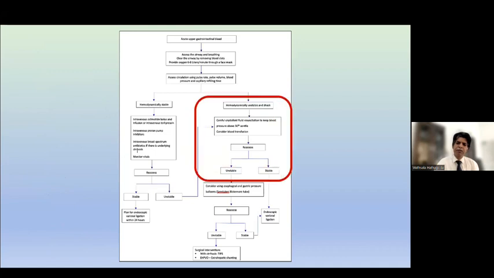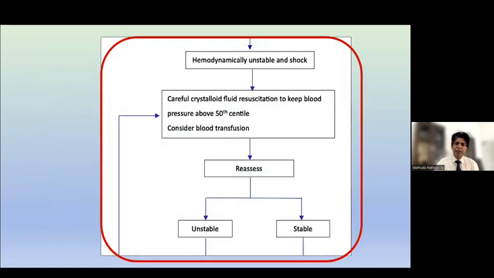Then we go to the section where the patient is not hemodynamically stable and is having shock. If you detect shock, meaning you think peripheral organ dysfunction is there due to inadequate circulation, then you need to resuscitate the patient with normal saline boluses, 20 ml per kg, rapid boluses.